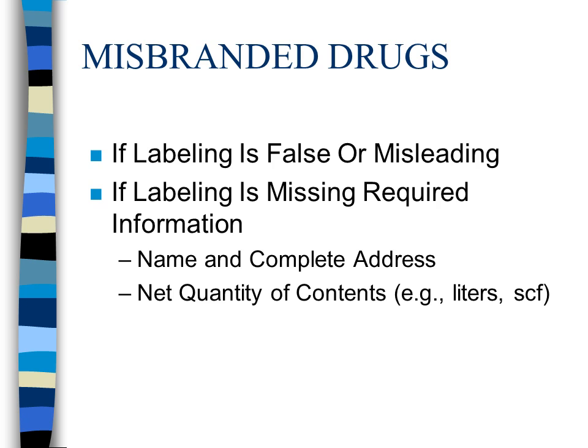It also has to have a statement of the net quantity of contents. For example, liters on your cylinders or standard cubic feet, or in the case of liquid cylinders like your D55 oxygen, for example, the pounds that are in that cylinder.